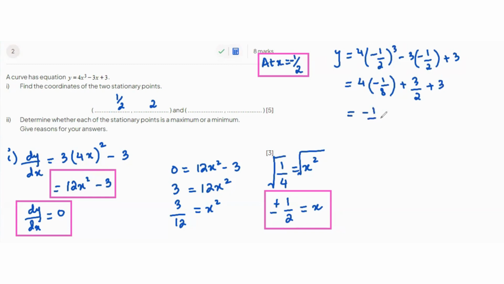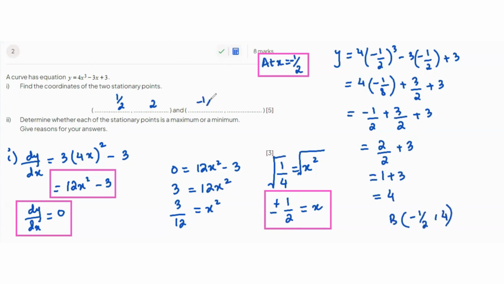That's going to be negative 1 over 2 plus 3 over 2 plus 3. Minus 1 plus 3 is 2, so 2 over 2, that's 1 plus 3, and that is 4. So point B is going to be negative 1 over 2 and 4. These are your coordinates of the stationary points.